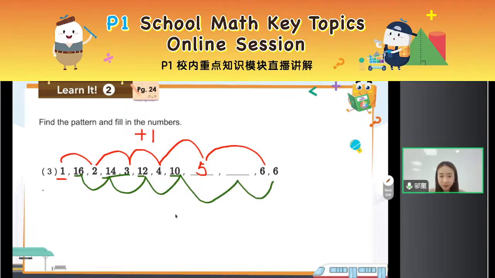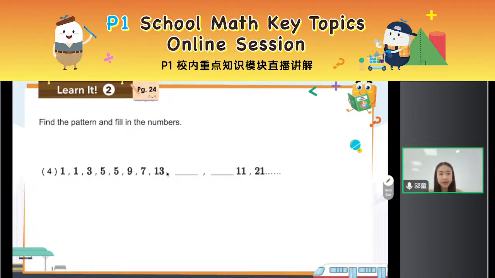Every time we minus 2. Yes. If you minus 2, how many is missing here? 10 minus 2, we get 8. Then check the last step. Between 8 and 6, the difference is still 2.